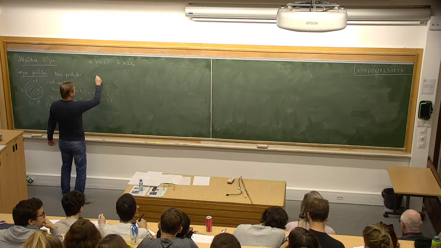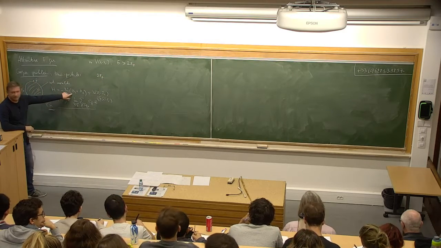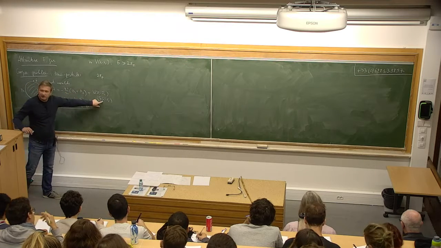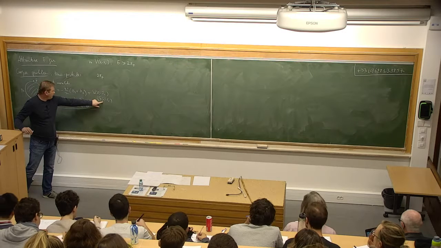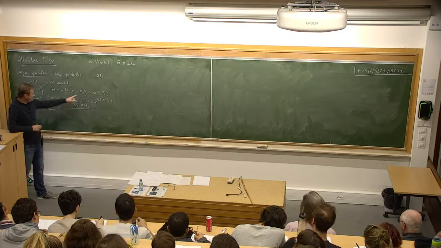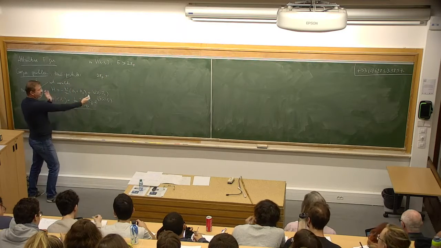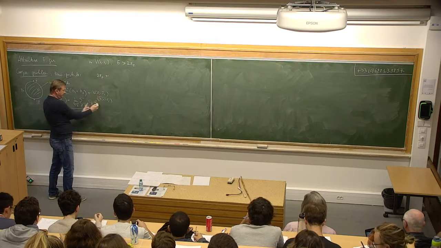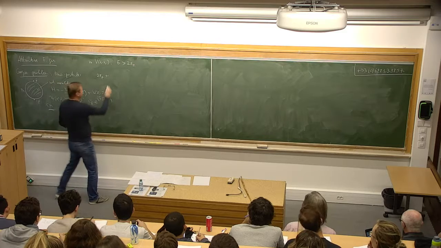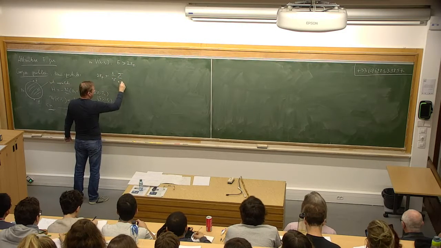This equation looks like this: 2 epsilon_P, clear, it's from the Laplacian acting on this wave function, which gives you P squared over 2m, so epsilon_P, but you have 2 of them, plus a part that comes from the convolution. It's a product of this wave function and the potential, and then you go to momentum space, that would be a convolution: 1 over volume, sum over q larger than P_F.